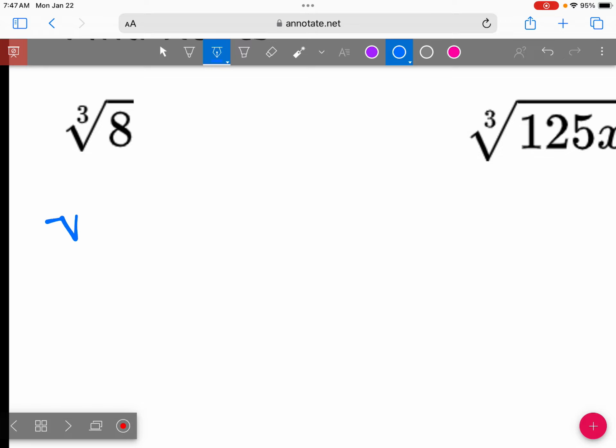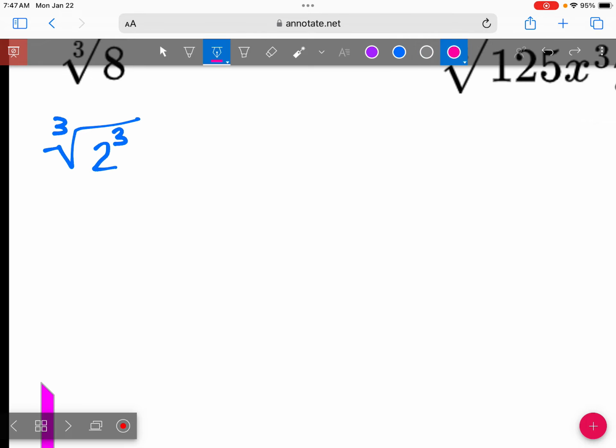We can write 8 as 2 cubed. 2 cubed equals 8, right? Now I have a cube and a cube root, and they cancel out. So the cube root of 8 is just 2. Because my cube and my cube root cancel out.